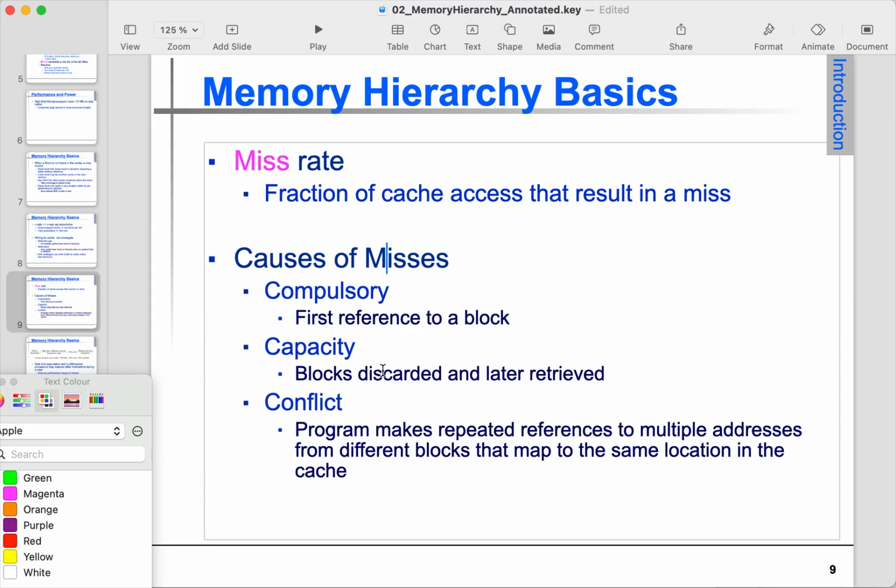Alright, so compulsory, the first reference to a block; capacity, blocks discarded and later retrieved, that could cause us to lose the information that was in there.